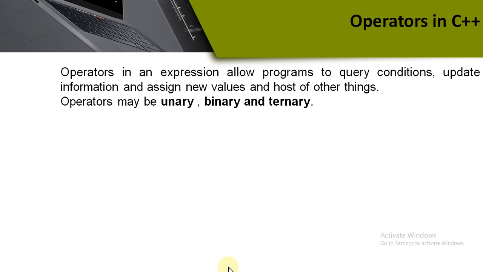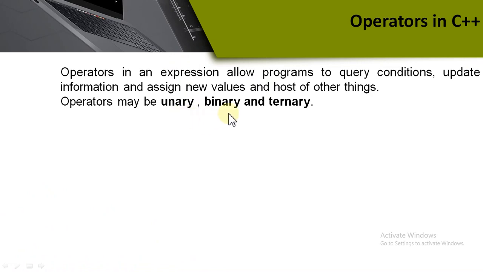Operators in an expression allow programs to query conditions, update information, and assign new values, and a host of other things. Addition, subtraction. Operators may be unary, binary, or ternary. A unary operator needs only one operand.